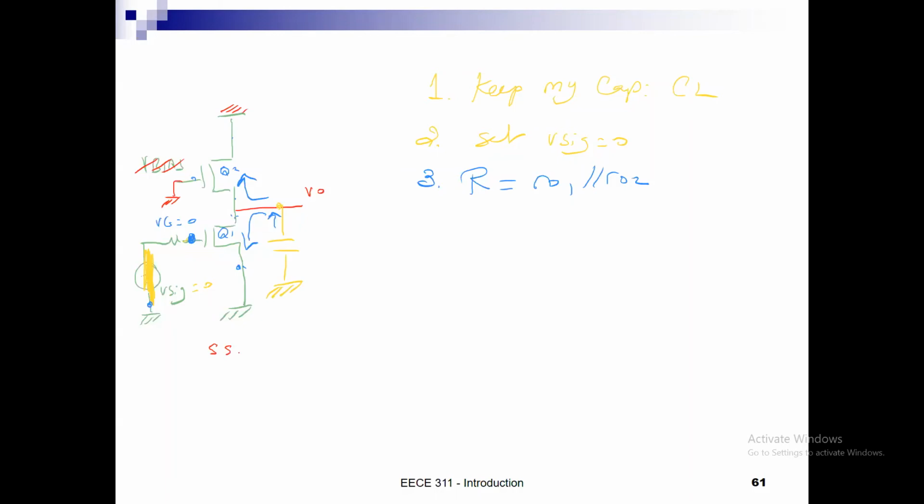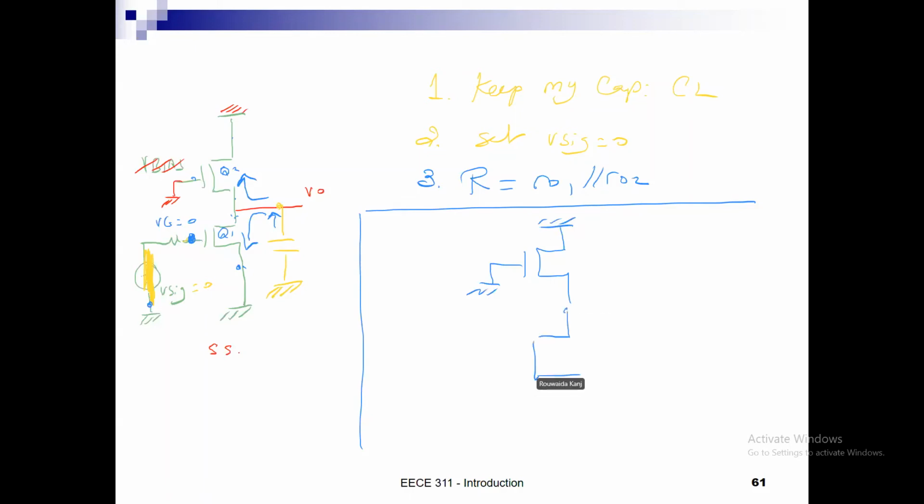Now, let us assume that we have another example, where you see the same circuit. We made this ground in the small signal, and this ground in the small signal, and we tell you that you only have a capacitor CGS at the input, okay, and I have the R sig and I have the V sig.